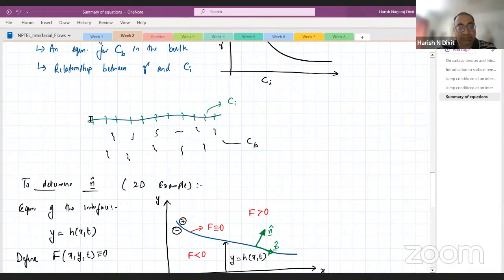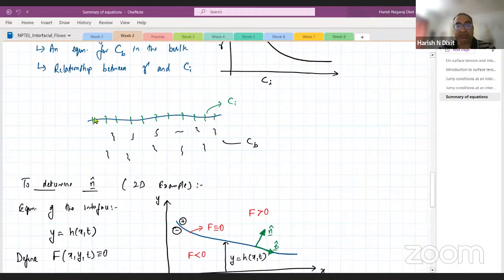Okay, so now I have basically a scalar field, and in this case there are two concentrations. One concentration is in the bulk, denoted by C subscript B, which denotes bulk. The other concentration is on the interface, C subscript I. Now if you take the surface gradient, by definition it is taken on a surface. It is not a gradient that exists in the bulk. So it is only on the surface.